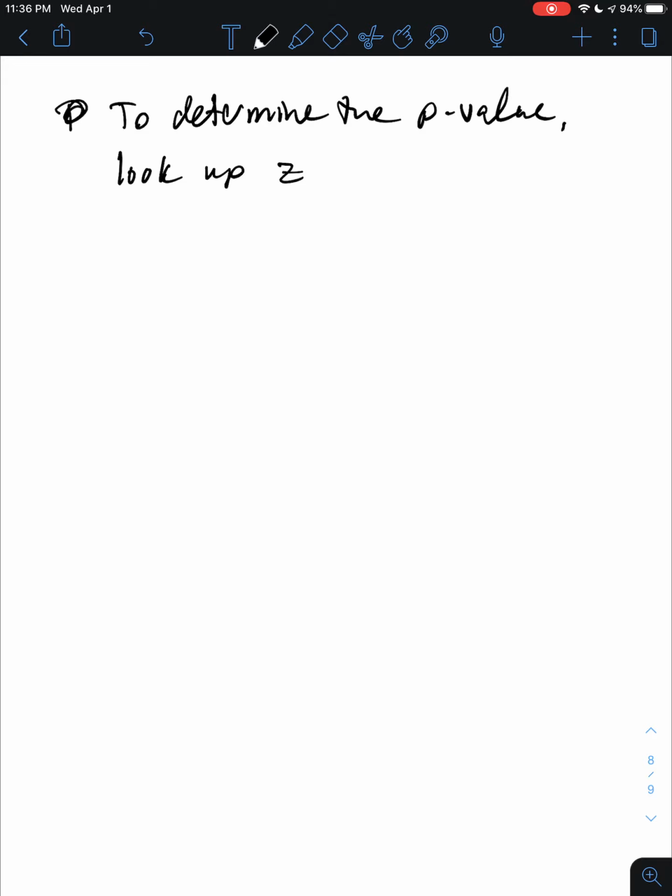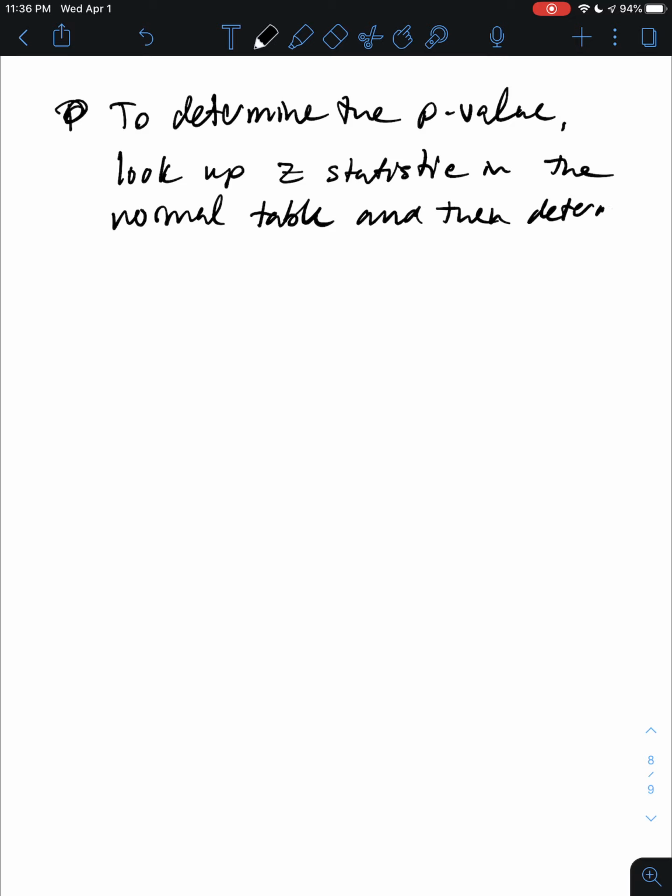So to determine the p-value, look up the Z statistic in the normal table and then determine how much probability is in the tail. And this is for one-tailed tests.